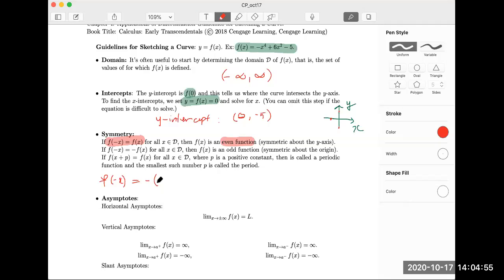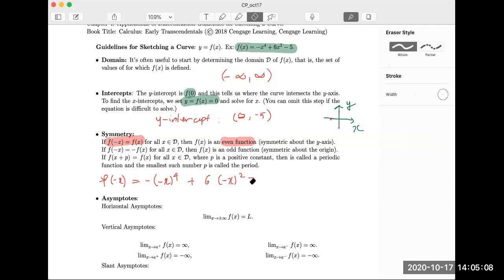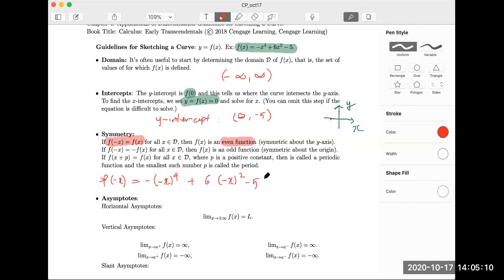Therefore, it is negative x, oh, sorry, you can go. No, she can go. 6 times negative x squared, minus 5, right?